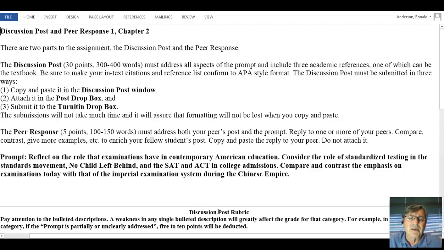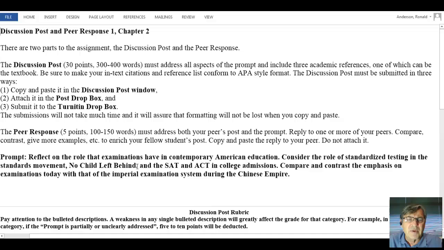For instance, today the prompt is reflect on the role that examinations have on contemporary American education. Consider the role of standardized testing in the standards movement, No Child Left Behind, and the SAT and ACT in college admissions. Well, the standards movement is like the TEKS, and so American schools are very much into having a very organized, very structured education.